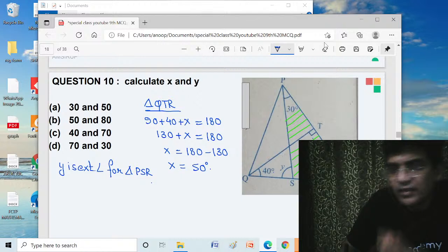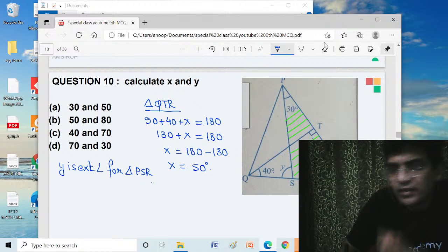So that means this side BC will also be 16. AE is given as 8. CF is given as 10. And they have asked us to find AD.